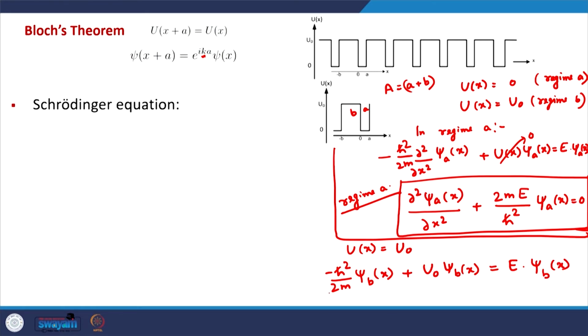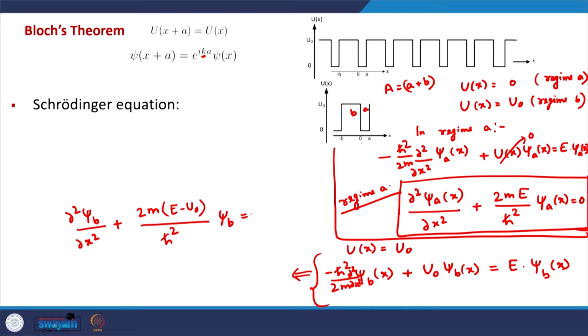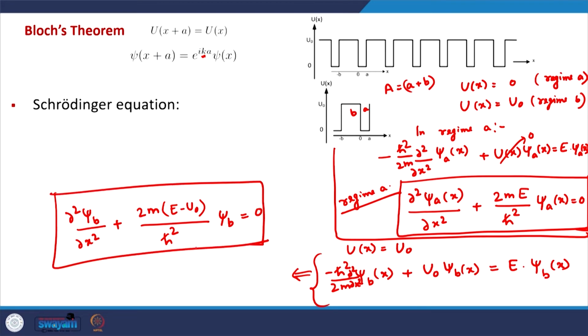After rearranging these terms, we can see that this can be written as del 2 psi B by del x2 plus 2m times (E minus u naught) divided by h bar square psi B equals 0. So, this is the Schrodinger equation in regime B.